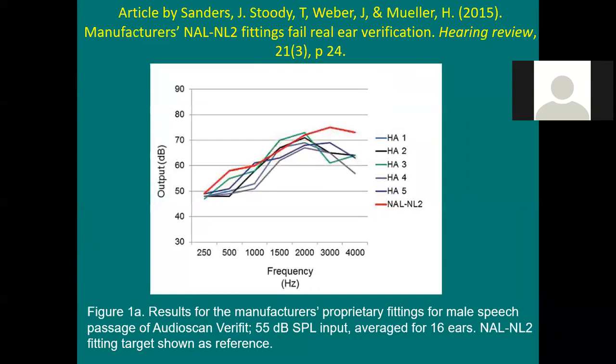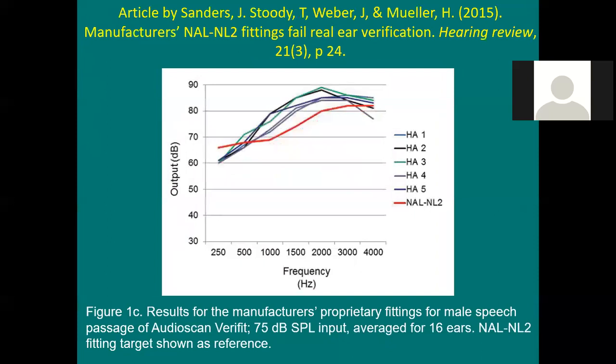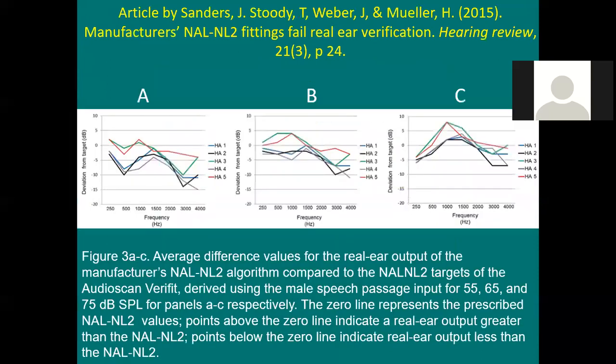But remember, this is compared to now 2. Okay, and then for loud inputs of 75, they exceed now targets, especially for the mid frequencies. And they seem to be at or near now targets for the highs here, but more for the mids.